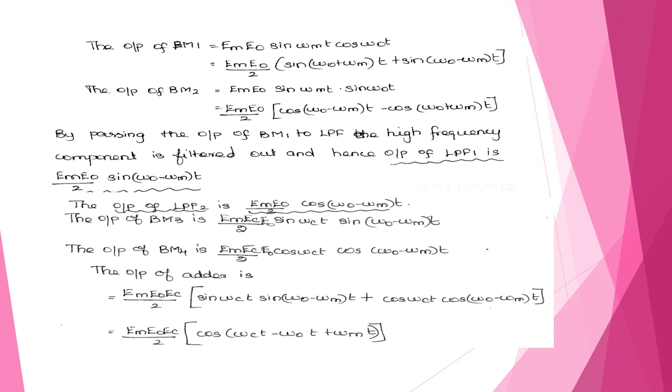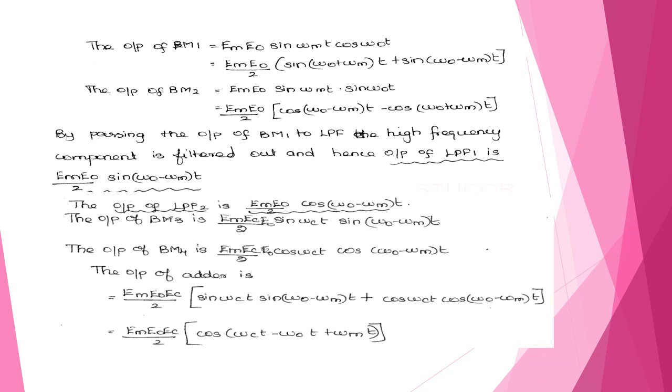So the equation is: the output of BM1 is equal to Em E0 sin omega m t cos omega naught t, that is Em E0 by 2 into sin (omega naught plus omega m) t plus sin (omega naught minus omega m) t. The output of BM2 is Em E0 sin omega m t sin omega naught t, so Em E0 by 2 into cos (omega naught minus omega m) t minus cos (omega naught plus omega m) t.